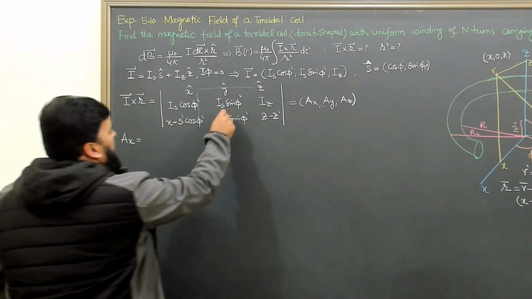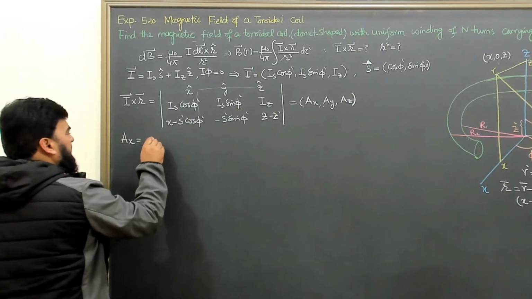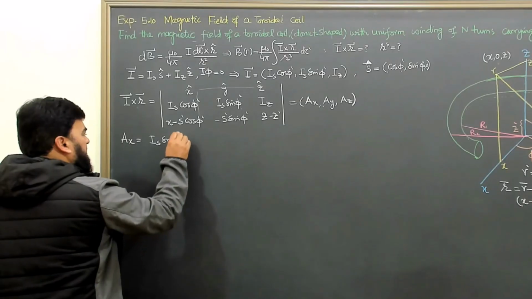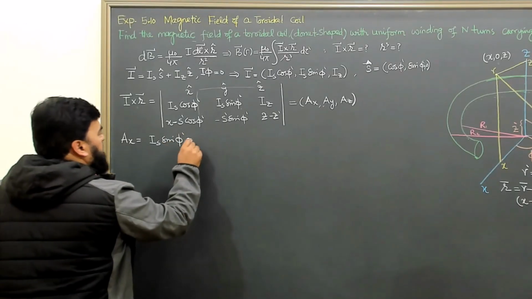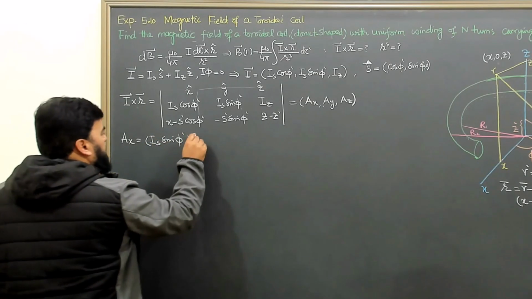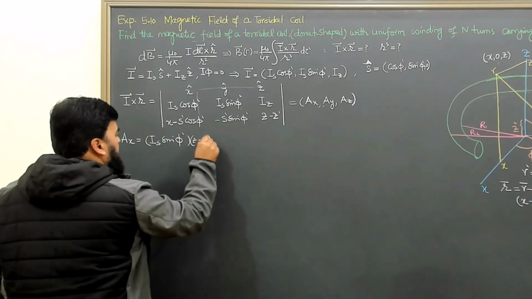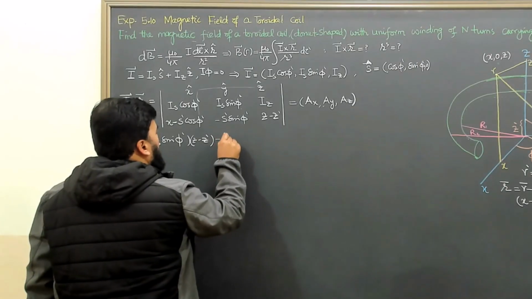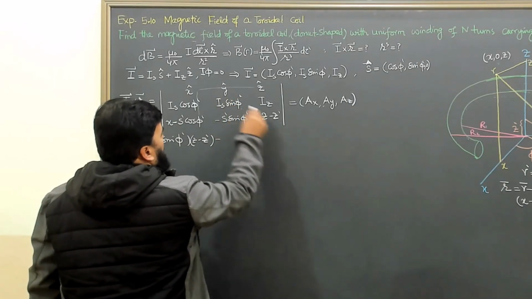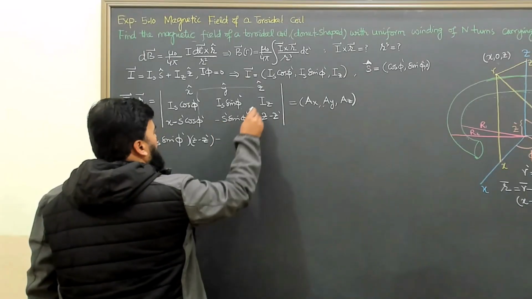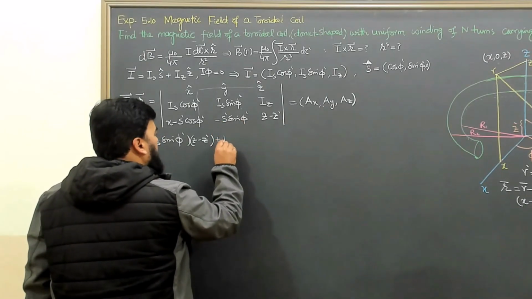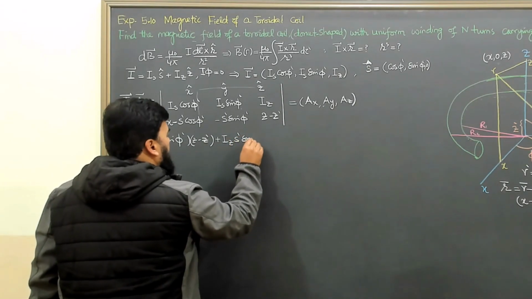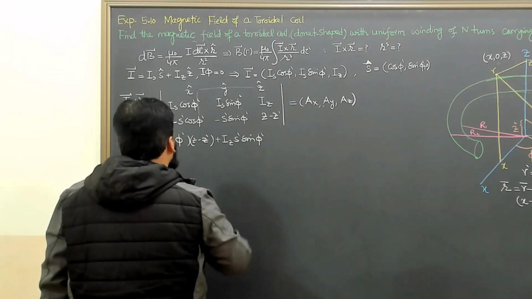So we have IS sine phi prime multiplied with z minus z prime, and then minus, these two and these two, so minus minus plus, and we have IZ and S prime sine phi prime.